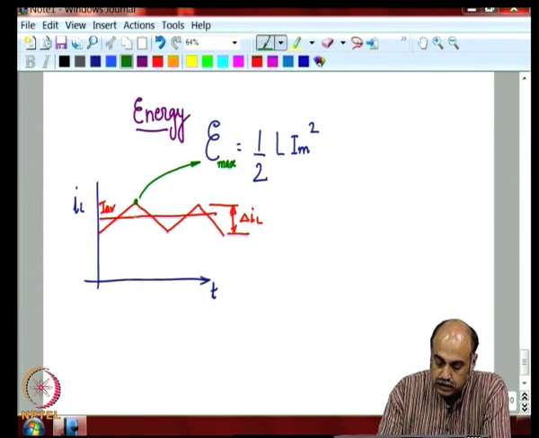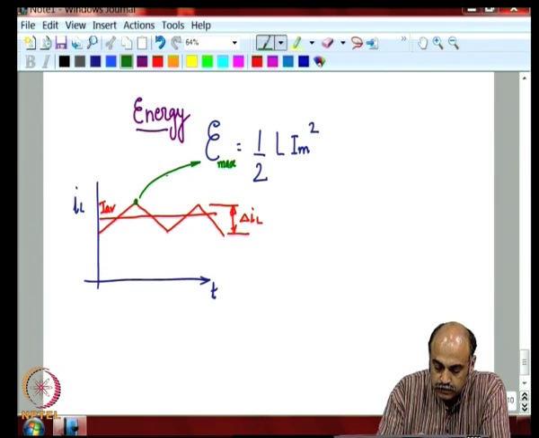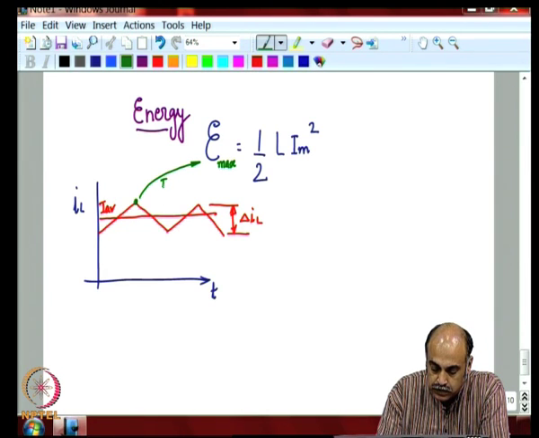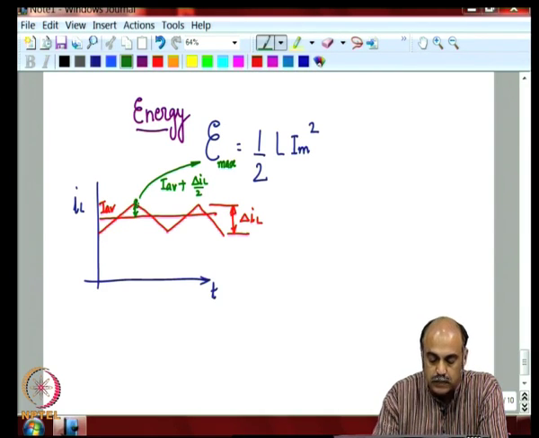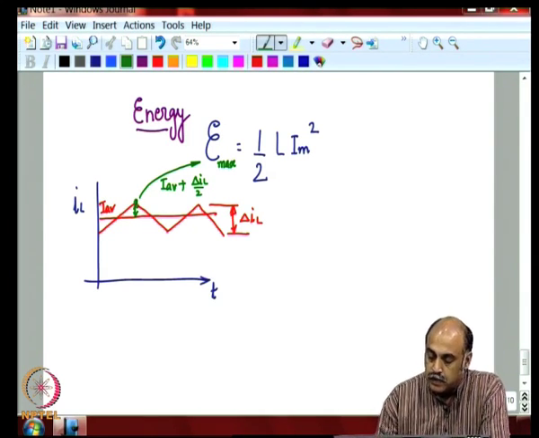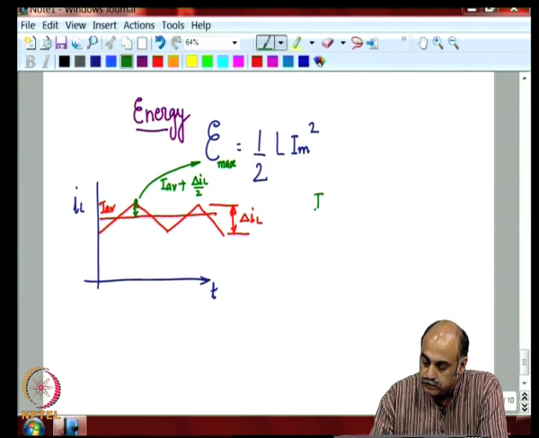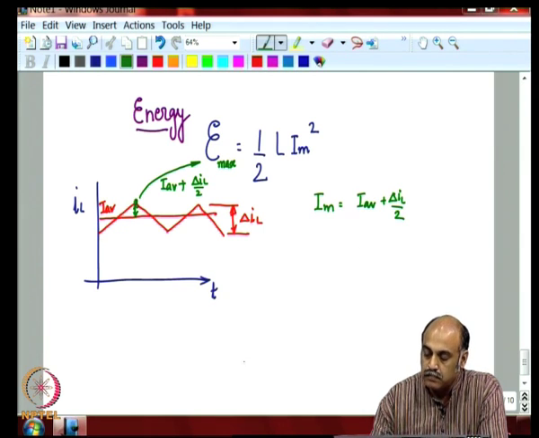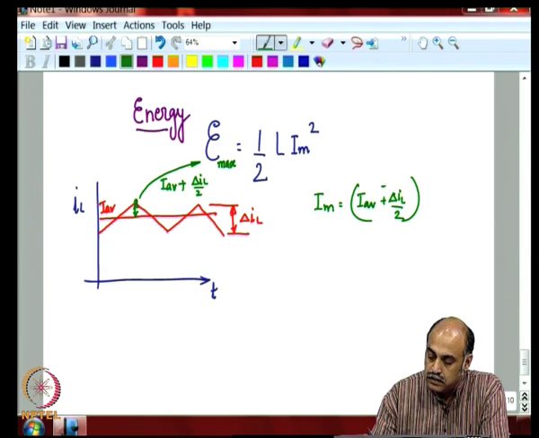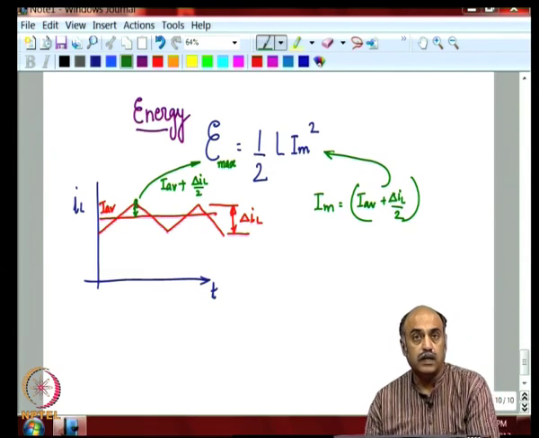So, this value is nothing but I average plus delta I L by 2, isn't it? So, I m is I average plus delta I L by 2, and you start here to calculate the energy.